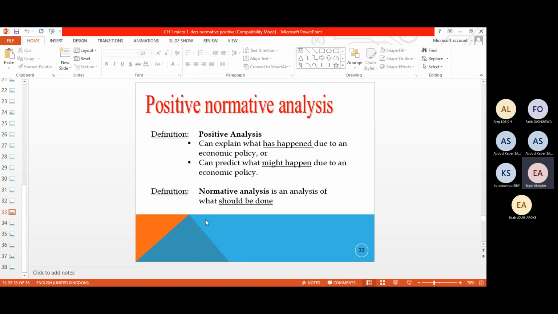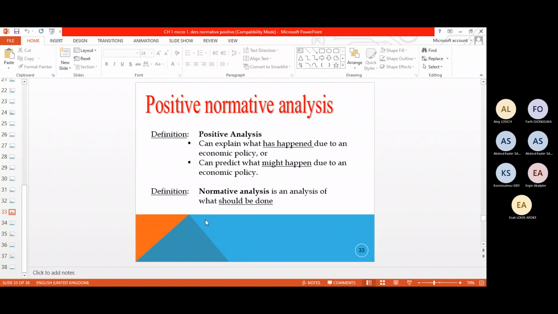And normative analysis is an analysis of what should be done. So it is a little bit different, as you understand. The one is what has happened, in the positive, and in normative, what should be done is somehow the political changes expected, or something that you are going to rearrange for doing something, for preventing or for managing something.